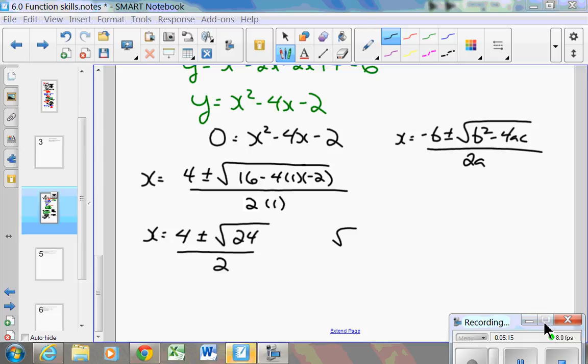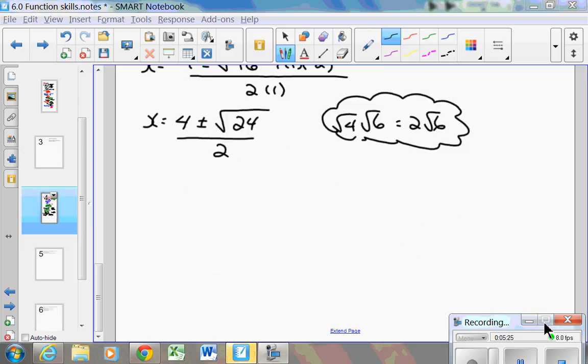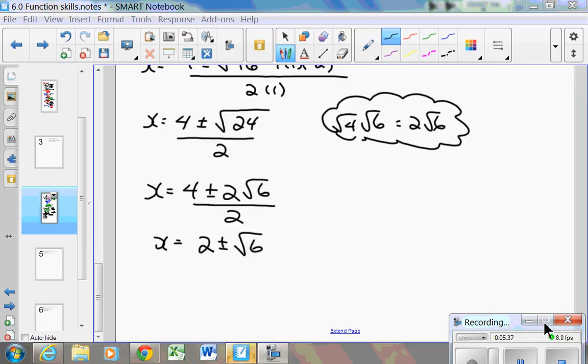I know 24 is 4 times 6, so its square root is 2 root 6. I want to use that to simplify my radical to a mixed radical: 4 plus or minus 2 root 6, all over 2. All those terms divide by 2, so it's 2 plus or minus root 6. Those are my 2 zeros, and that's a good answer. I can leave it like that.